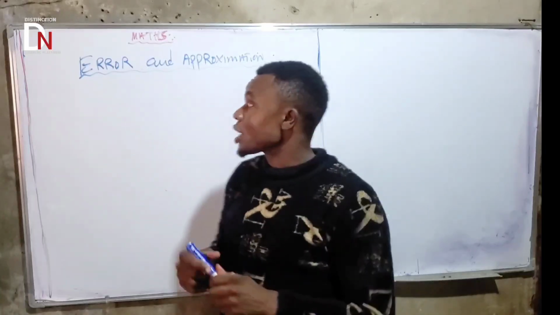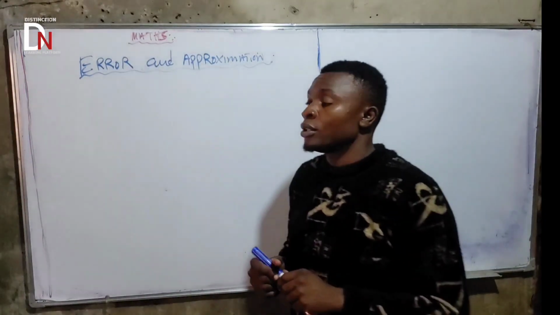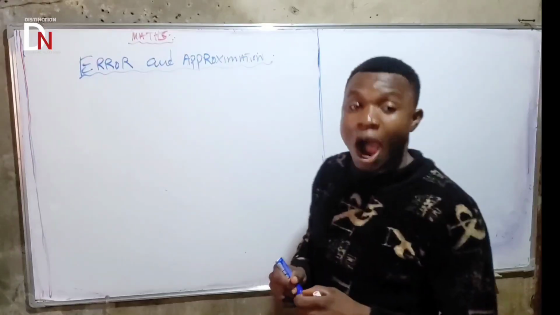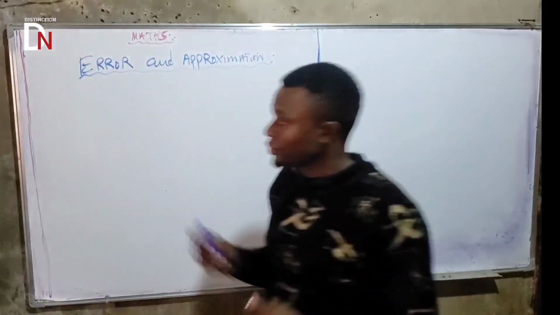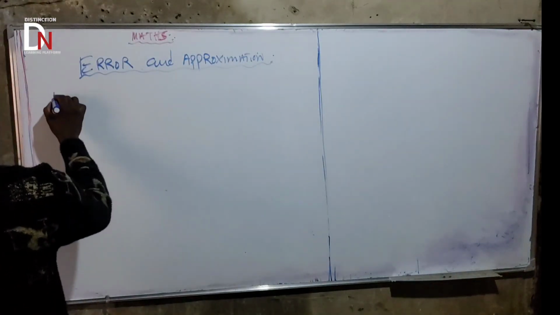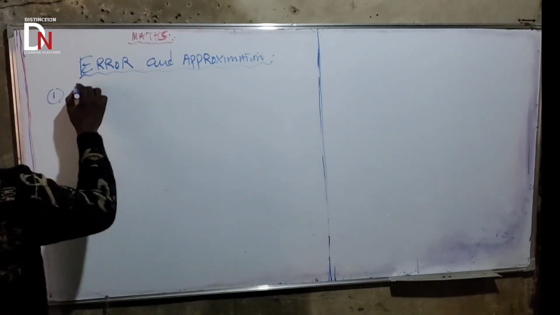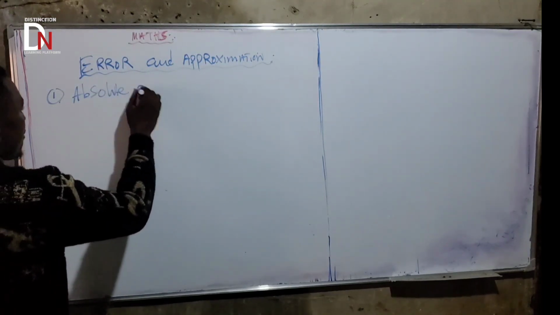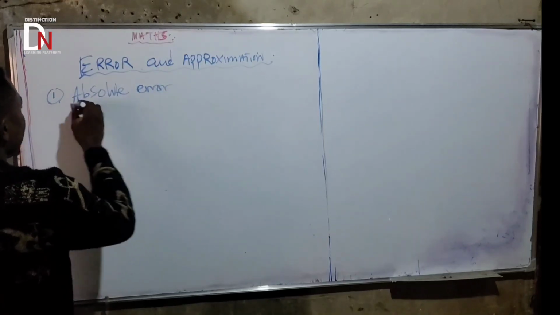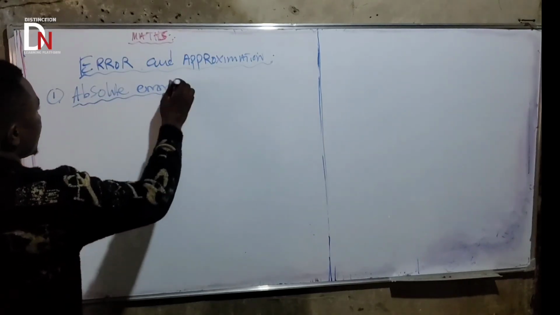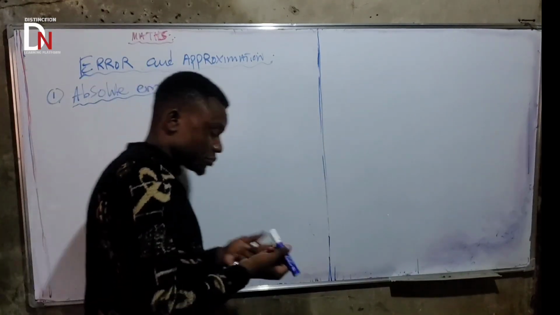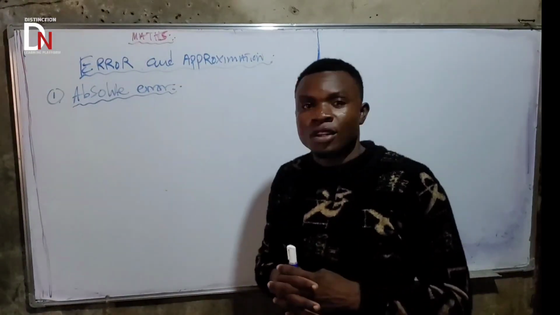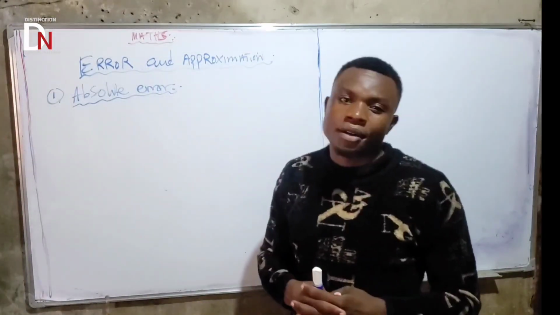Okay, so I'll start with how one should be able to solve the absolute error. What is an absolute error?